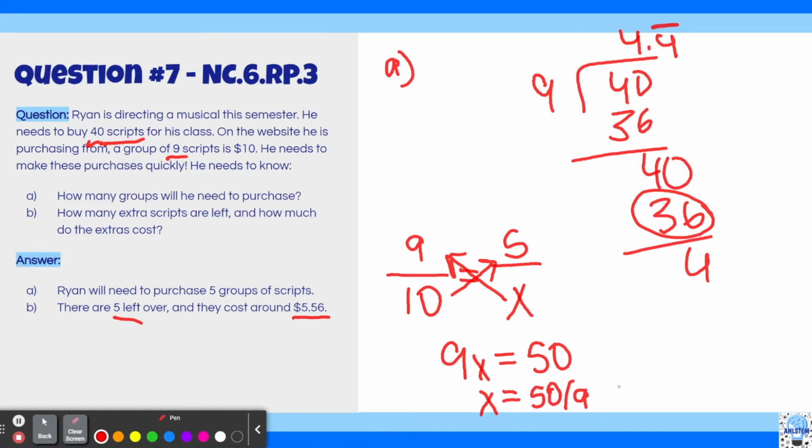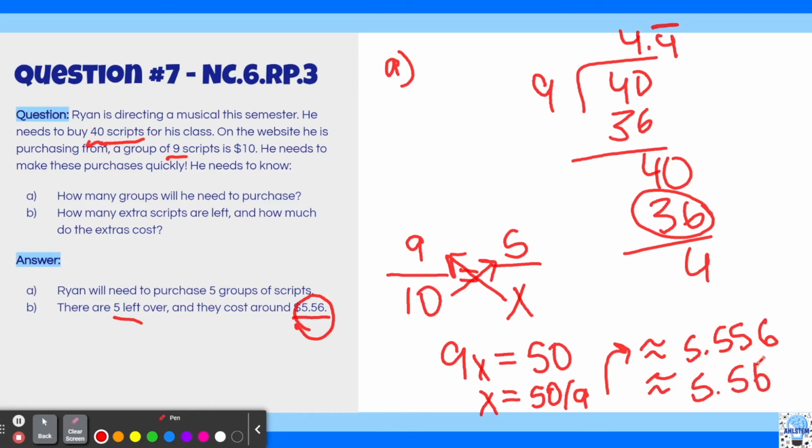So x equals approximately, that is the approximately equals sign, these two squiggly lines, 5.556. But when we have to round to, as I like to say, money notation, that's going to get us $5.56 for these total 5 scripts. And that was problem 7.